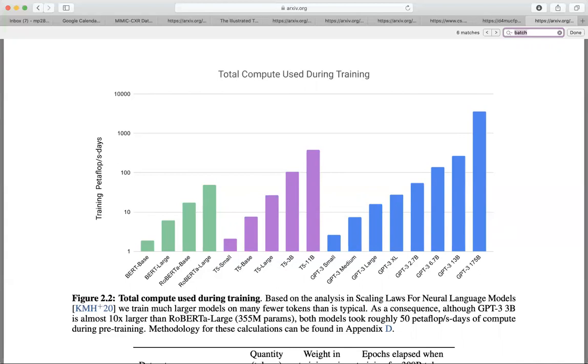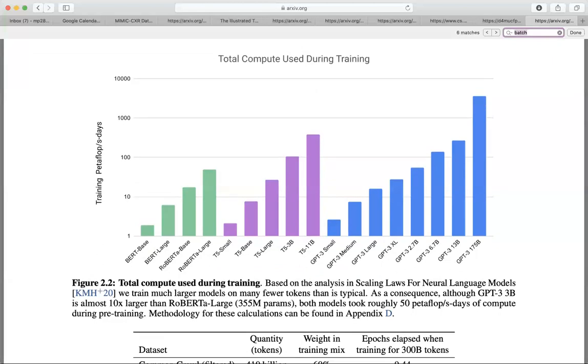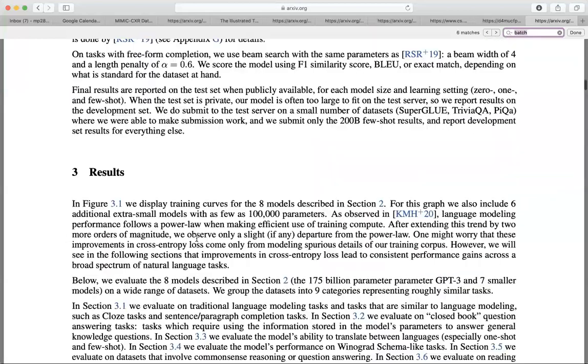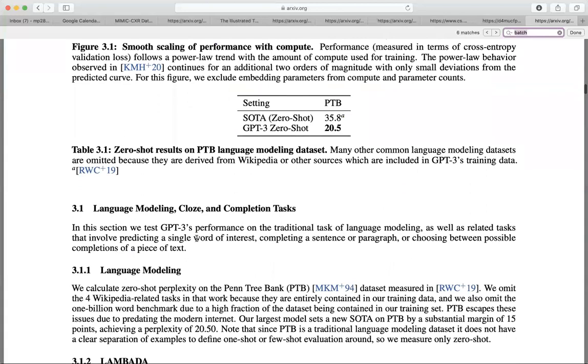Is it really worth it? I'm not really sure. They probably used the same amount of electrical energy as a small town uses during an entire year, something like that. But science is science.